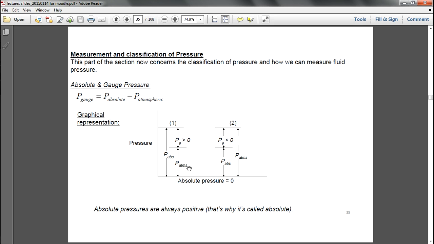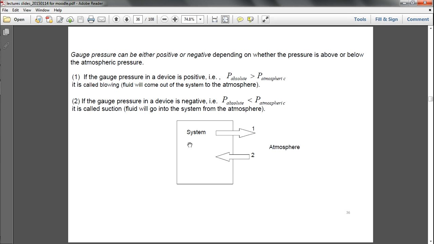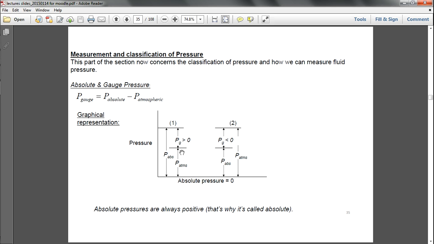Let's say atmospheric pressure, as I said, is 1 bar. Because of the gauge, you add it up and it becomes maybe 1.1 bar or 1.2 bar. So definitely you're talking about blowing, the amount of pressure that is expanding, I would say.